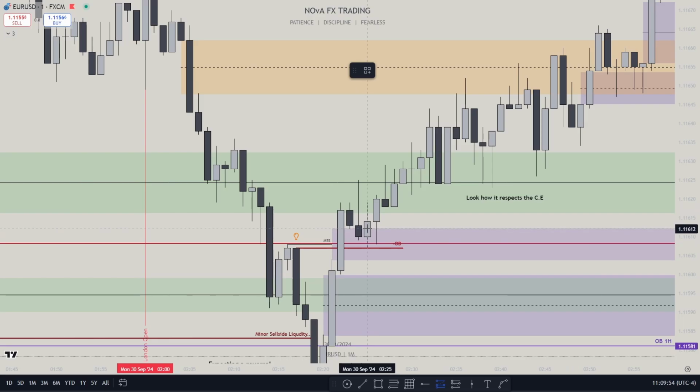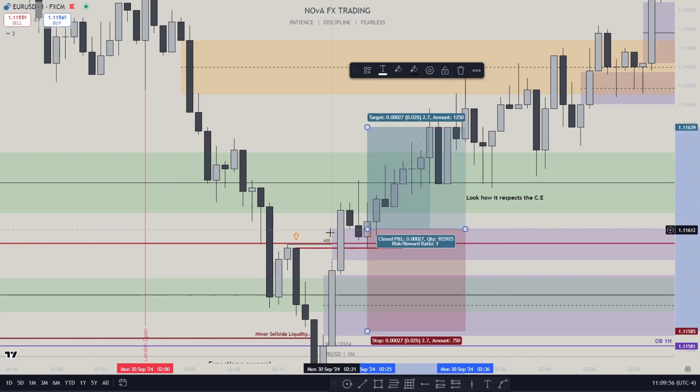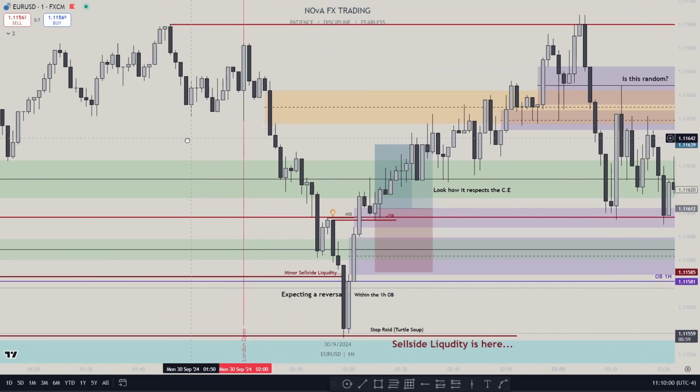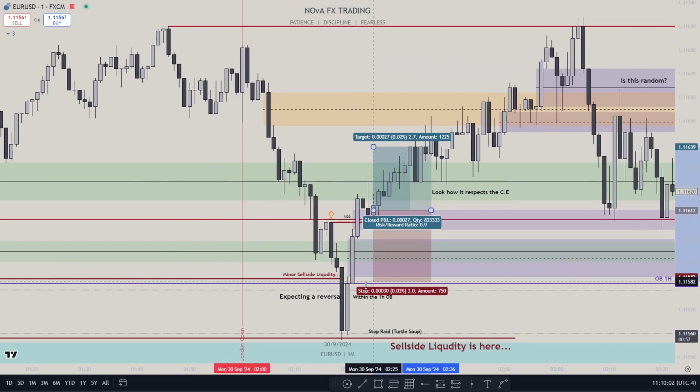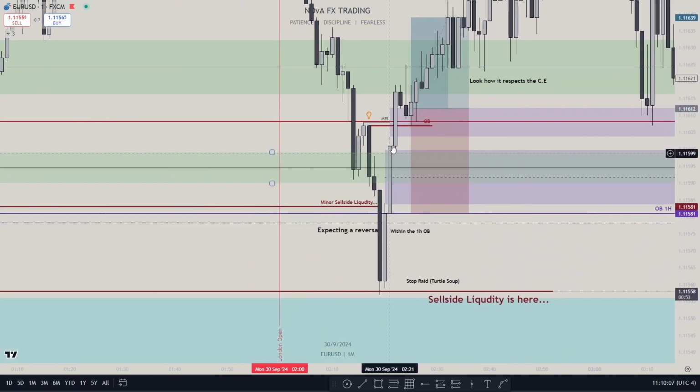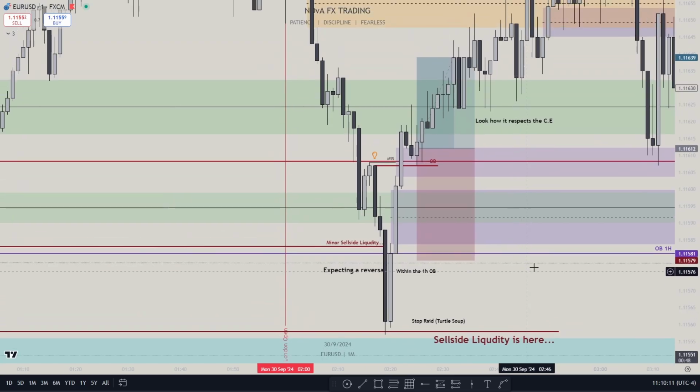So we're gonna put our buy in the high of this fair value gap, and we can put our stop loss right below this low. Okay, so you can see that these 3 candles make the fair value gap, so we're gonna put it right there.